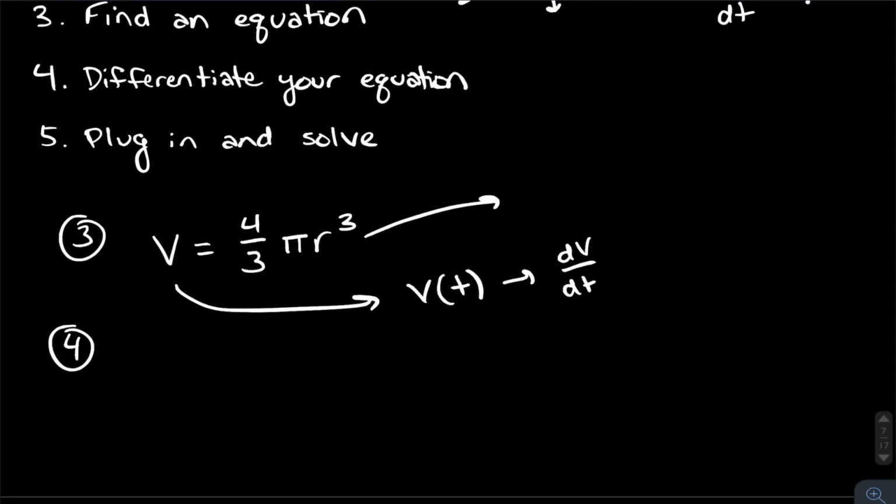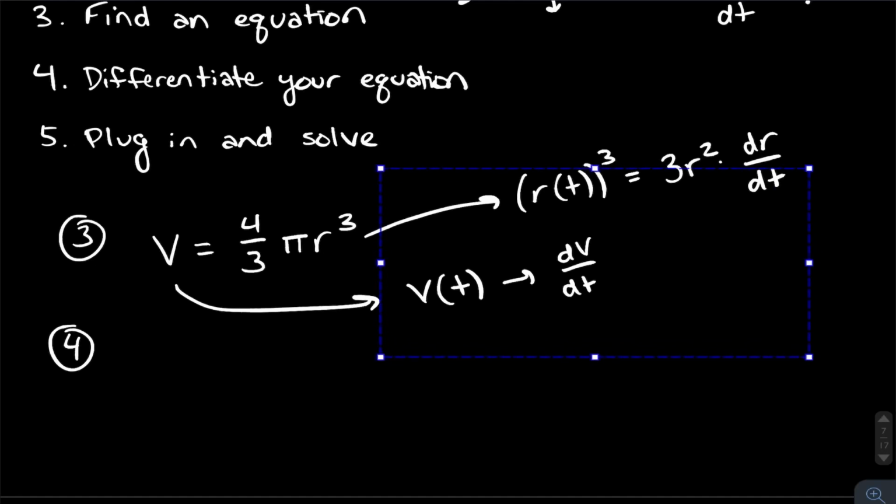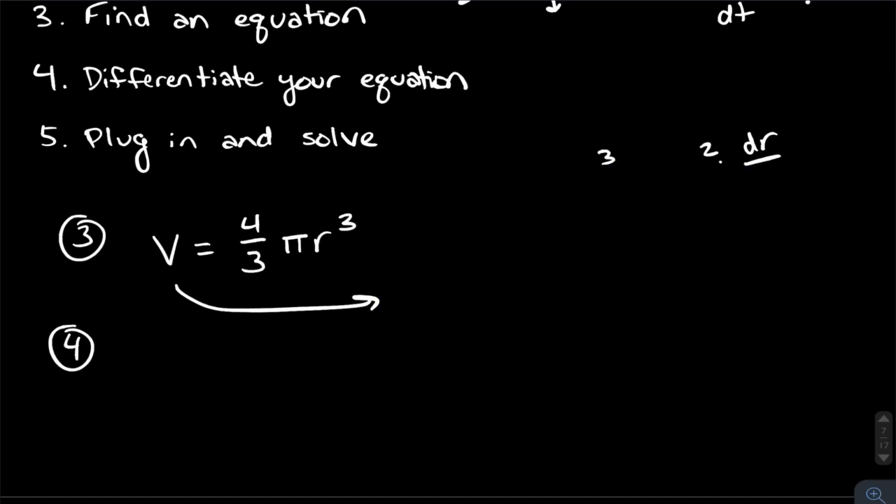And when you take a derivative of r cubed, r is a function of time as well. It changes with time. And so if you take a derivative normally, you get 3r squared, but you also have to take a derivative of the inside. If r is a function of t, you have to implicitly differentiate. You have to get that dr/dt out there, okay? And that is where this should all come together for you.